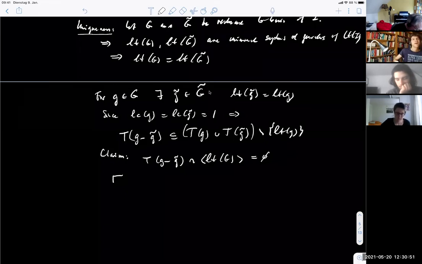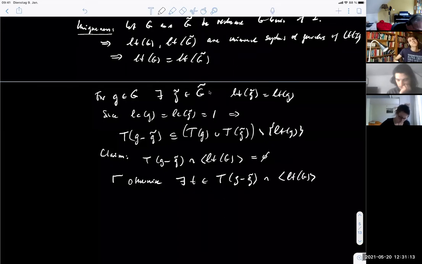Otherwise, there is some term T of the difference g minus g twiddle which lies in this monomial ideal generated by the leading terms of G. Then without loss of generality, I can assume T is a term of g because it's a completely symmetric situation.